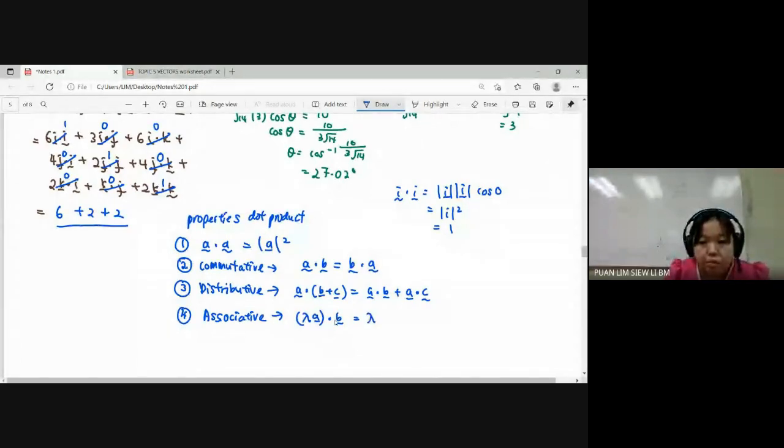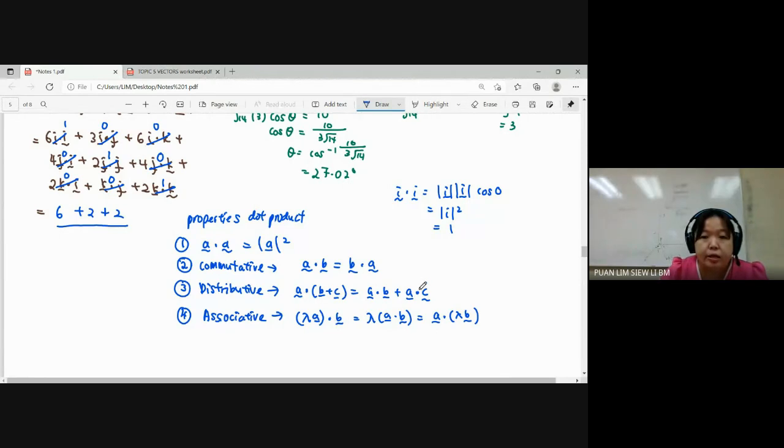So kita boleh lambda, kita nombor, kita asingkan, kita buat A dot B dulu pun boleh. Ataupun kita nombor tu kita nak darab dengan B terus pun boleh. So dia boleh jadi macam ni.